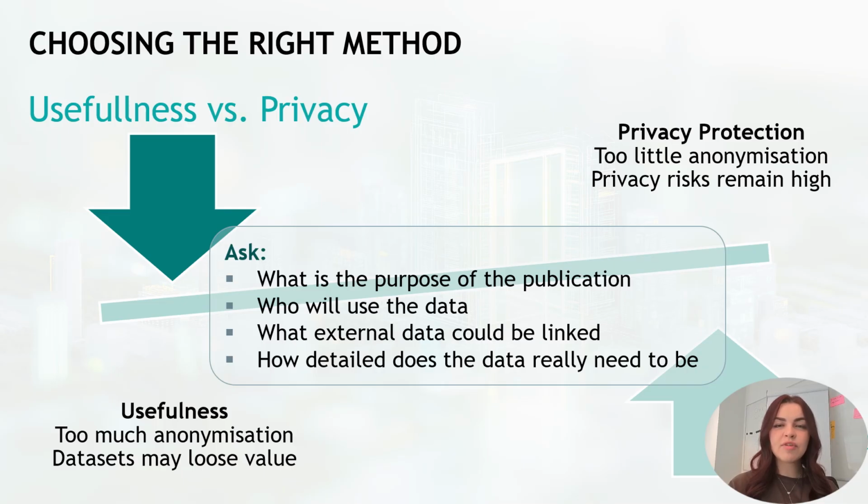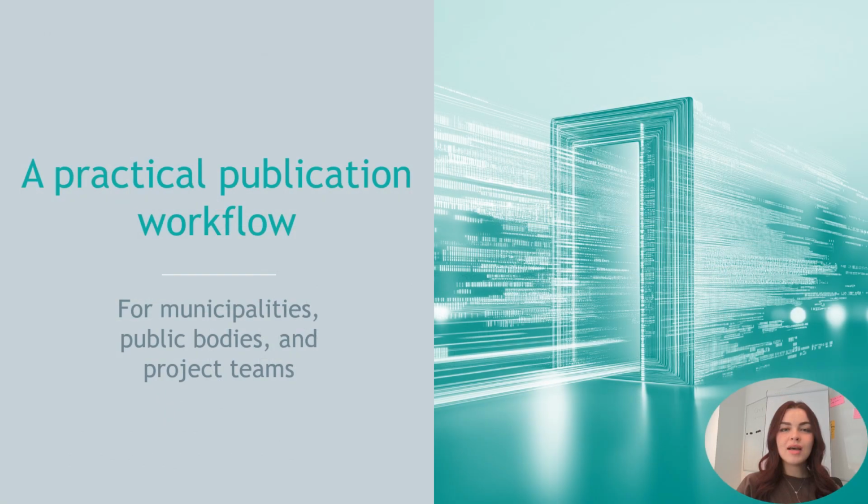A dataset for public transparency may not need the same level of detail as an internal operational file. The goal is not maximum detail. The goal is enough detail for the intended public use, with risk reduced as far as reasonably possible. A practical workflow can help teams make this judgment consistently and more consciously.